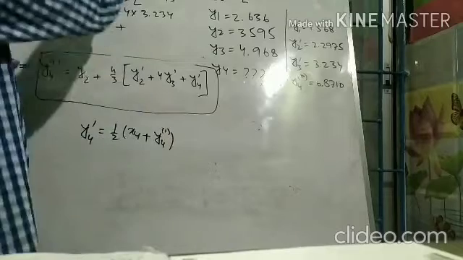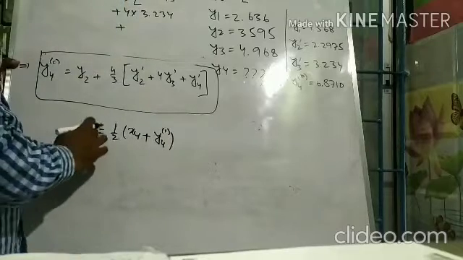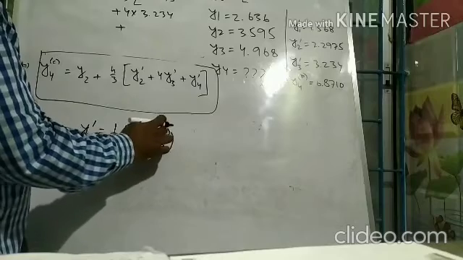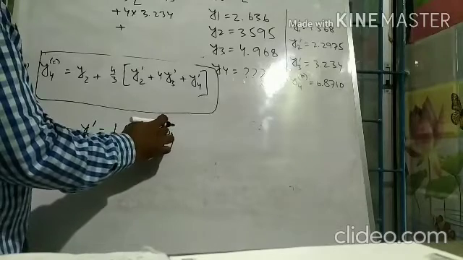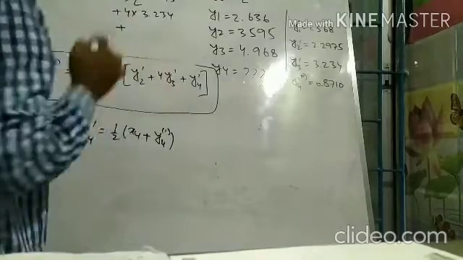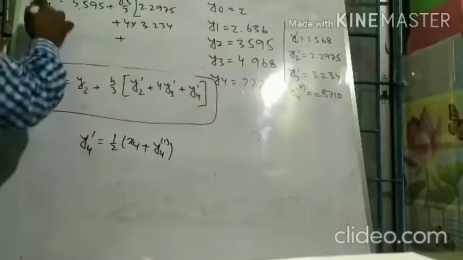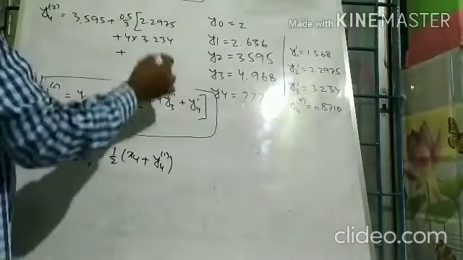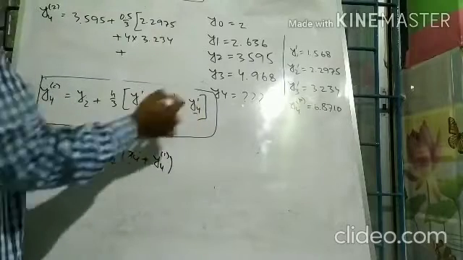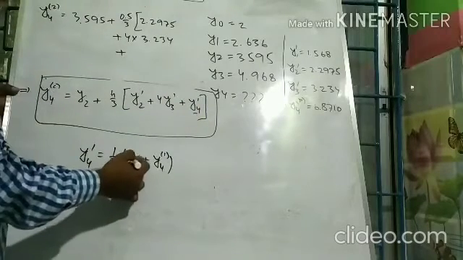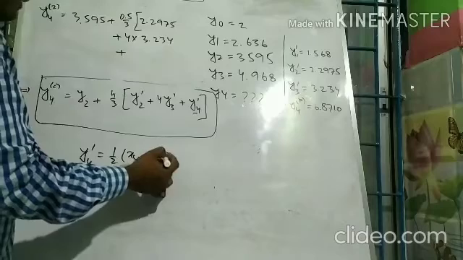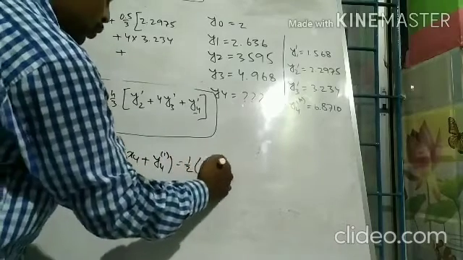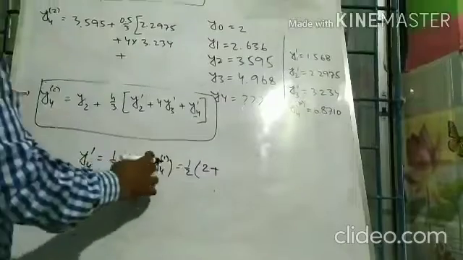For the first case, we wrote y4 prime equals half x4 plus y4 using the predicted value of y4. Now for calculating the second iterative value of y4, y4 prime is half x4 plus y4, that is the first iterative value of y4. So it is half 2 plus y4 1.